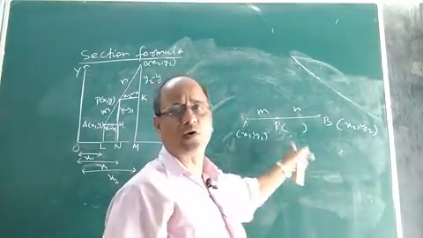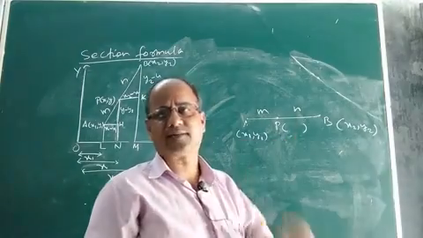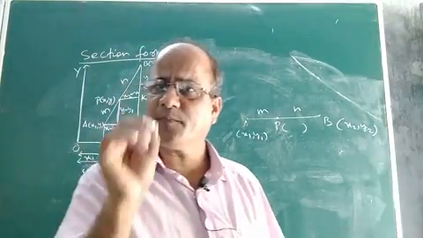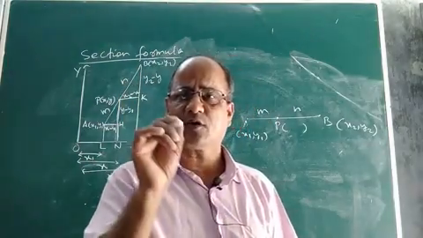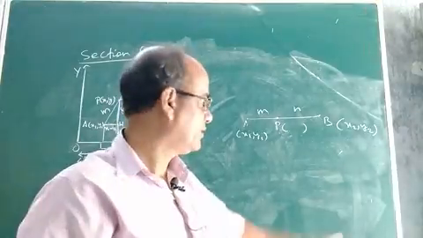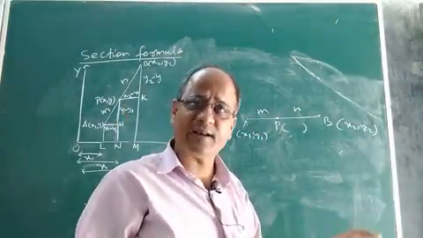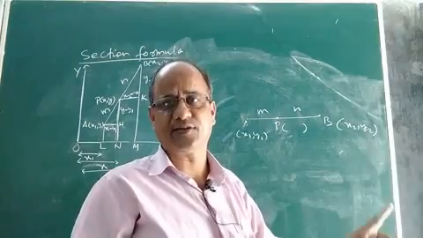That is what is known as section formula. So what does section formula give us? Section formula gives us the coordinates of a point which divides a given line segment in a given ratio.